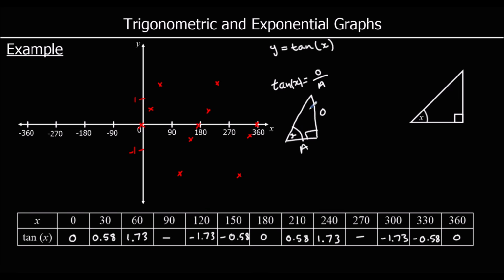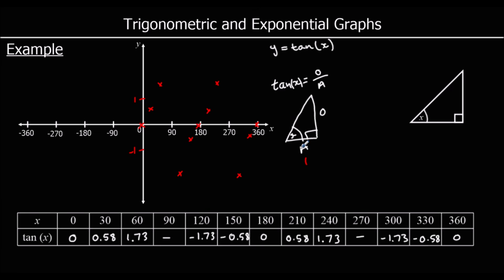If we kept the adjacent as 1 unit or 1 centimeter long, and we kept increasing the opposite side, what would happen to the angle? Or you could think of it as if we kept increasing the angle, what would happen to the opposite over the adjacent?